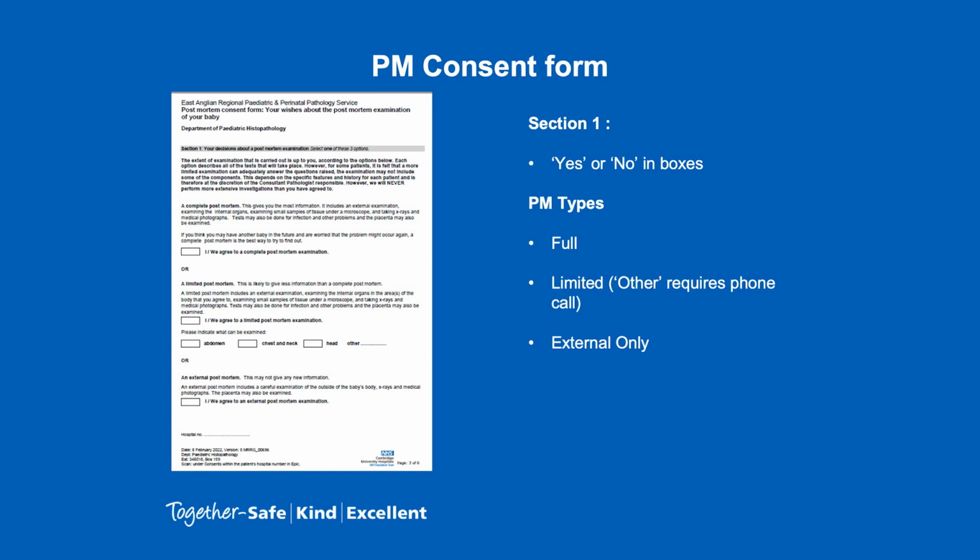If the yes to the limited post-mortem has been completed, there are then further boxes which consent to what areas of the body we are consented to examine. Only 2 out of these 3 boxes should be completed with a yes. If all 3 have been completed with a yes, then that technically would fall under a full post-mortem. So we would have to clarify with the consent taker what exactly the family did not want us to examine.